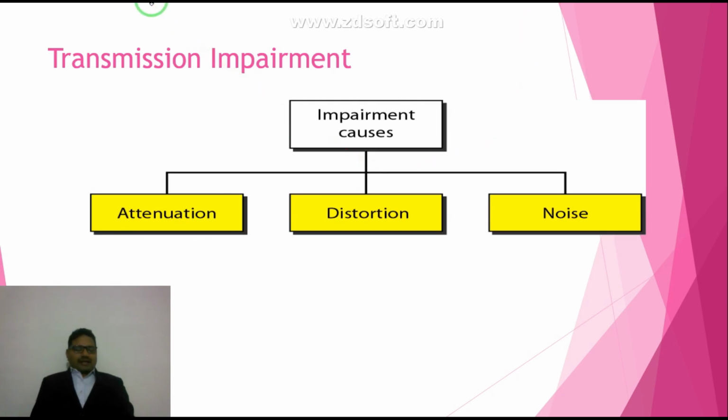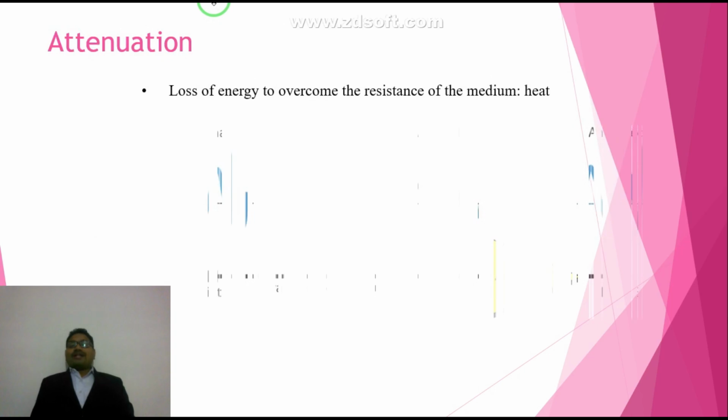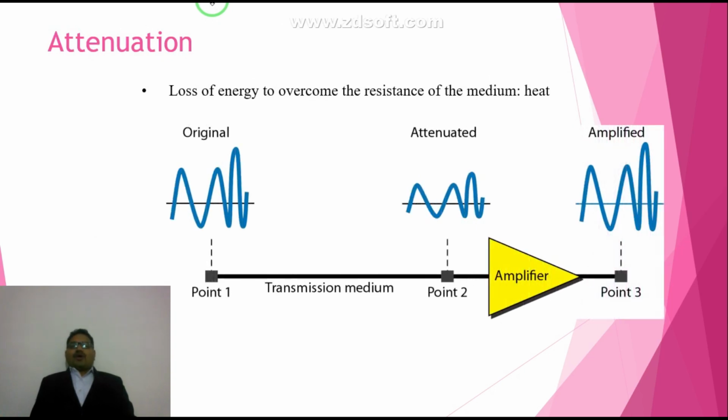So that is nothing but impairment. Basically, impairment causes are of three types: attenuation, distortion and noise. Now what is attenuation? Whenever a signal travels through a transmission medium, it loses its energy. That loss of energy is nothing but attenuation. As we know, every transmission medium has its own resistance.